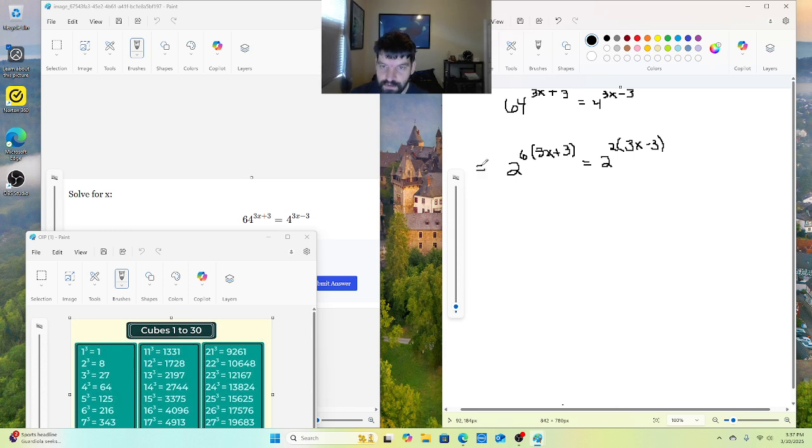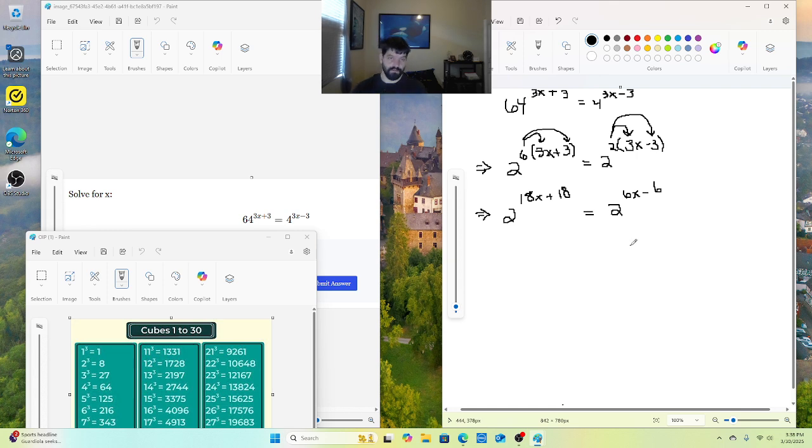So if I do my distribution on the left side, it's going to be 2, and then 6 times 3x is 18x, and then 6 times 3 is 18, so we have 2 to the 18x plus 18. And this is going to be equal to 2, and then 2 times 3x is going to be 6x, and then 2 times 3 is 6, so 6x minus 6.